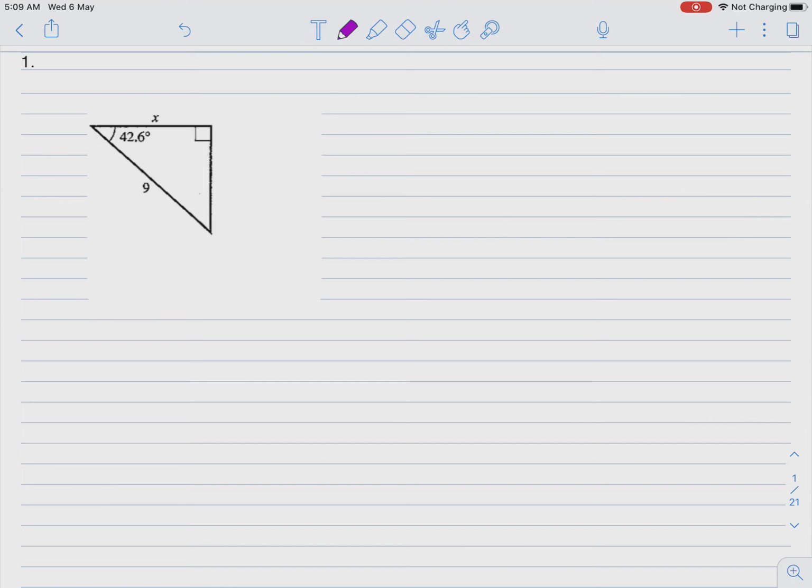First of all, I have to determine whether the given and the required sides are opposite, hypotenuse, or adjacent. I know that this side is the opposite and this is the adjacent and this is the hypotenuse, because the 9 is opposite to the 90 degrees. So this means that the required side and the given side are adjacent and hypotenuse.